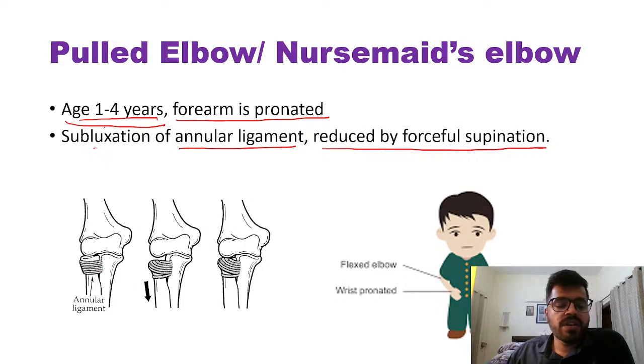When the elbow gets pulled, it leads to subluxation of the annular ligament superiorly. So the child comes with a flexed elbow and pronated forearm and wrist and complains of pain. Forced supination leads to reduction of the ligament and relief of pain.